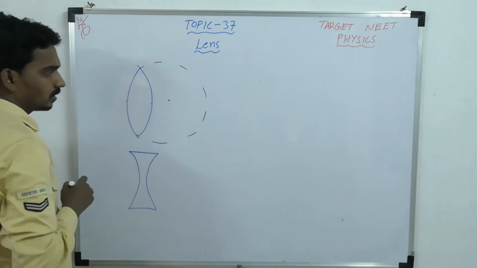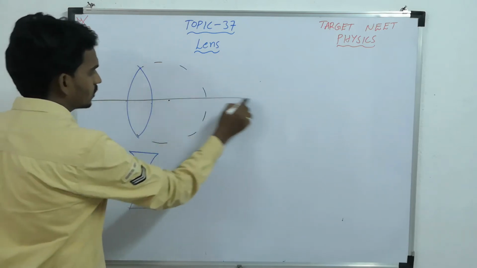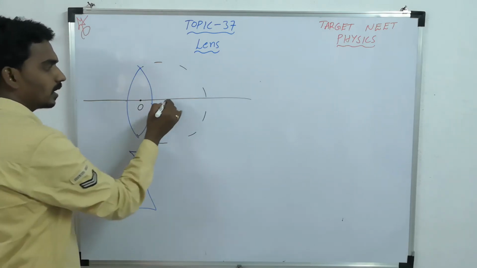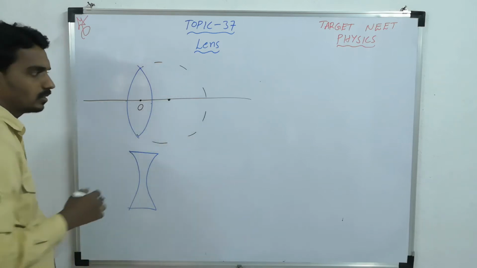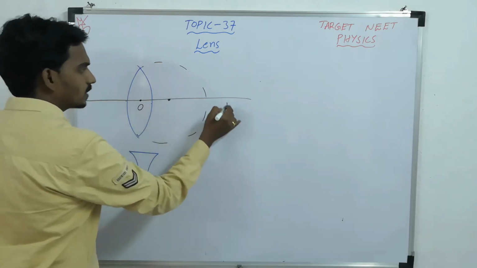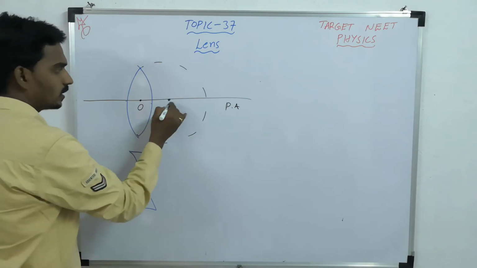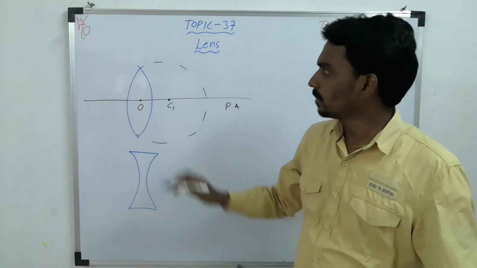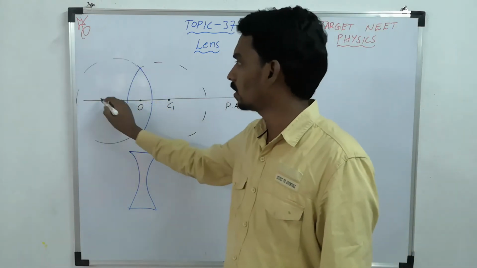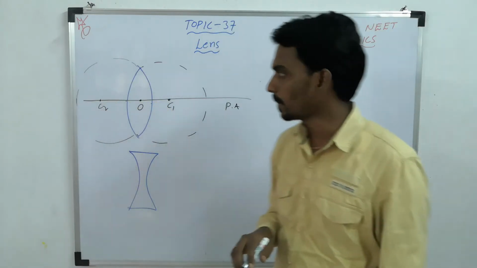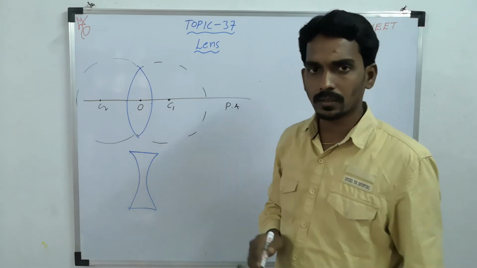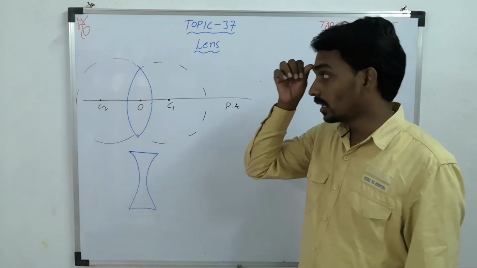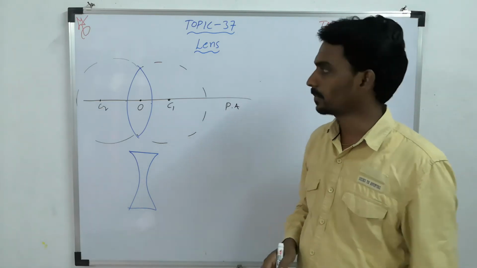There is one center, and a line joining the optical center of the lens and that center. This axis is called the principal axis, and this is the first center of curvature. Similarly, if you imagine another sphere, you get another center of curvature. So there are two centers of curvature, two radii of curvature, and one focal length, the focus.